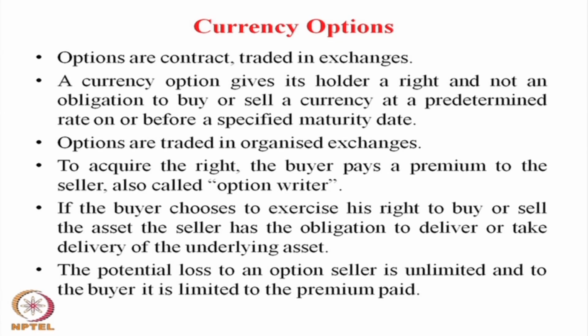Here the underlying asset is foreign currency, so they have the right on the underlying asset. The options buyer has the right to buy or sell at a predetermined rate on or before a specified maturity date.